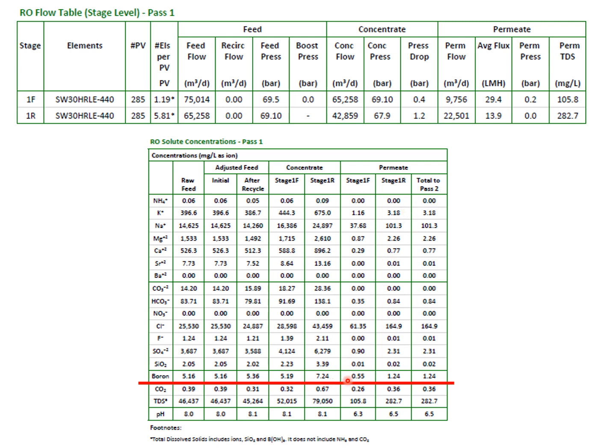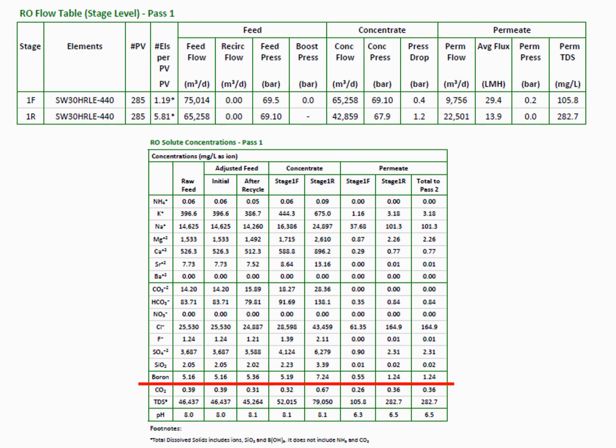And the permeate, still after pass 1, the permeate concentration is almost 0.5 for stage 1F, and stage 1R 1.2, and total to pass 2 is 1.24. So this concentration is still high for the drinking water standard. It has to be around 0.5 milligram per liter. So we need to go through the second pass to reduce it.